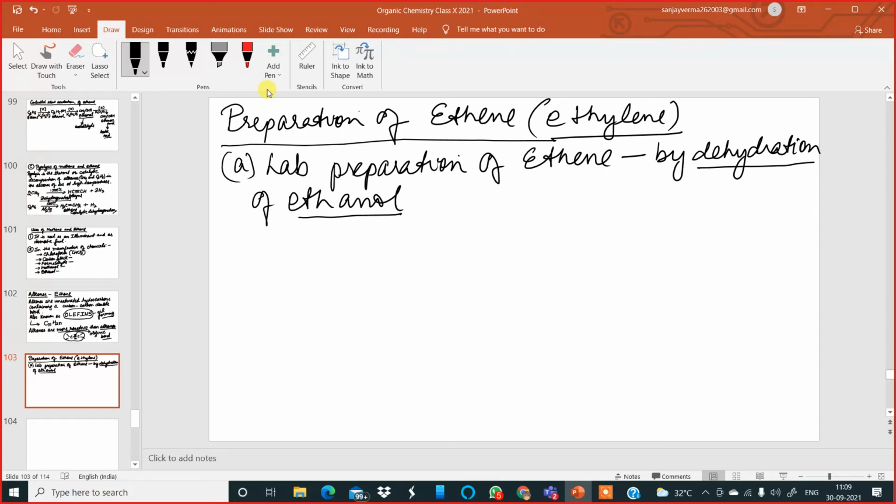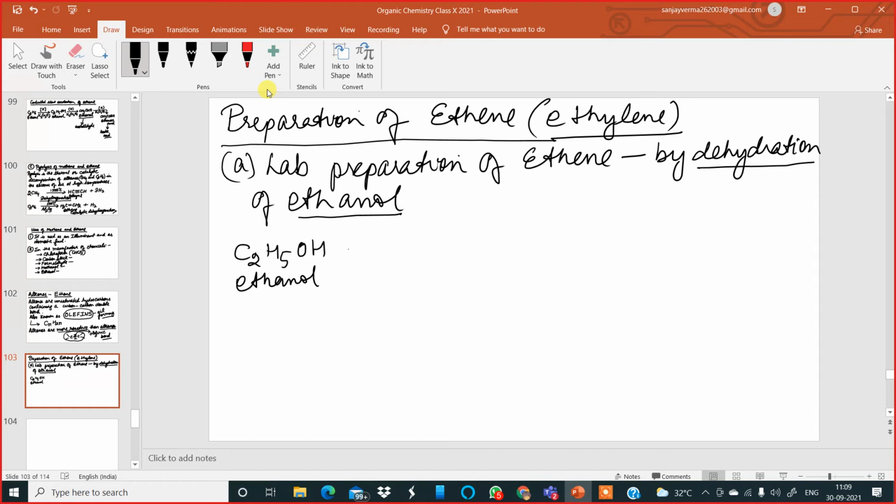So let me write down the reaction as well. The formula of ethanol is C2H5OH.